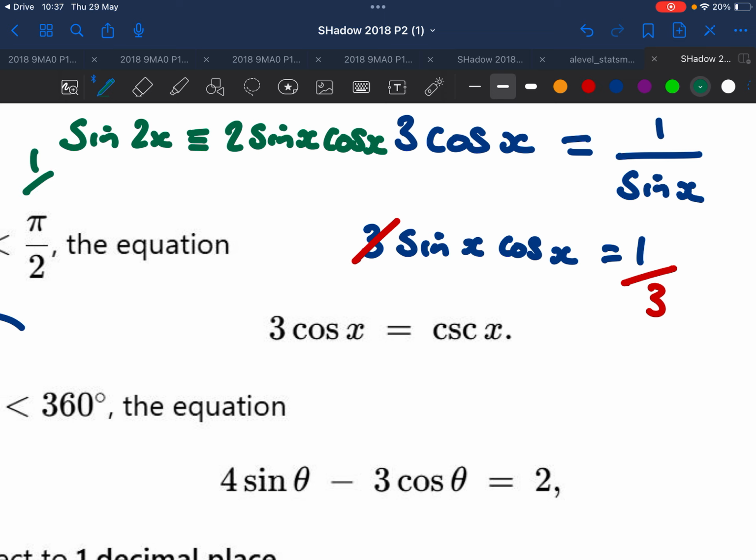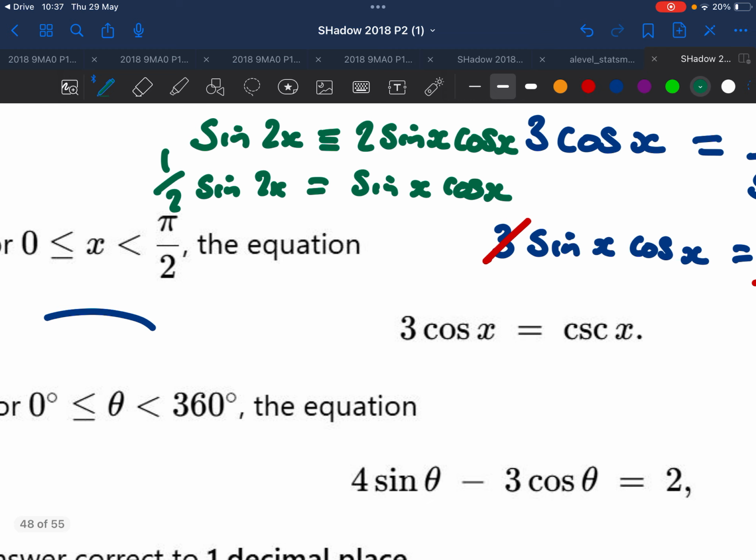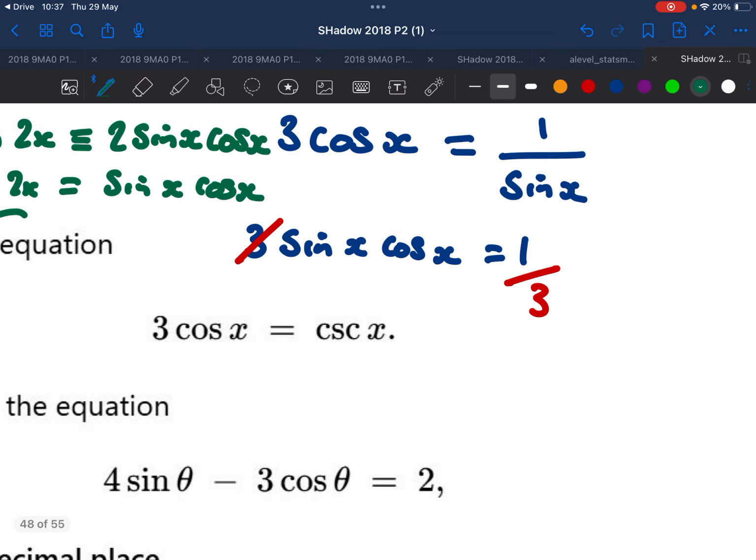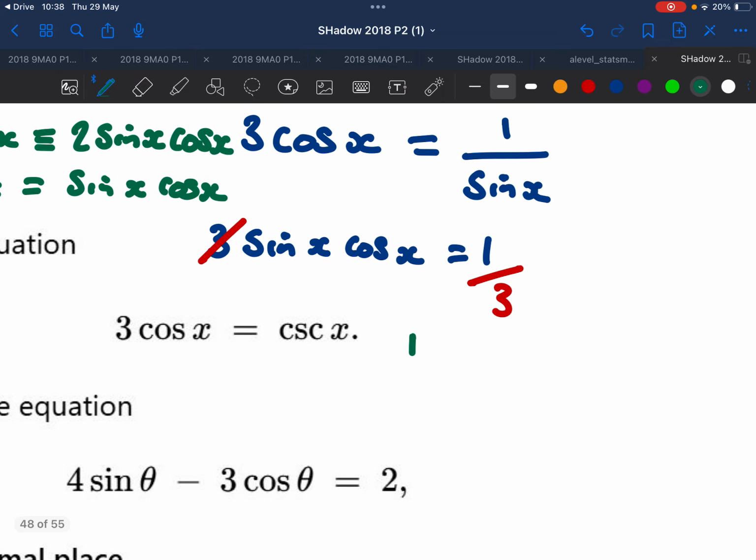So if I divide both sides by a half, that now matches what I've got, doesn't it? And what's nice about having this bit here is it's got just one trig function that I can see. So I'm going to sub that in and say a half sine 2x, and then that's going to be equal to a third.